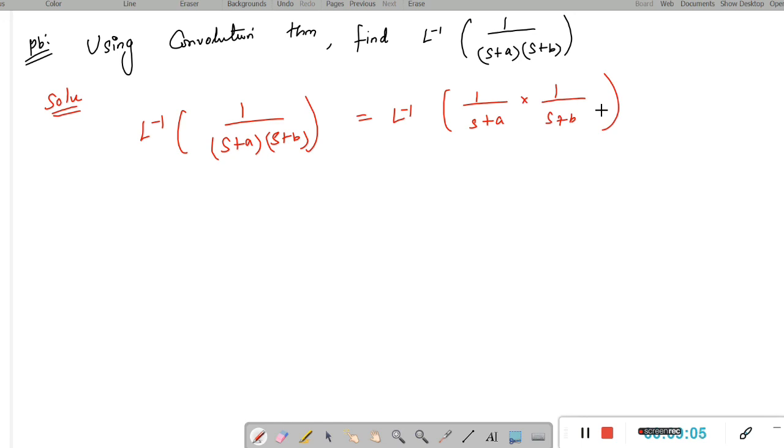If you want to separate product of two functions, better try to split while using the inverse formula. Like that you have to split these two functions. So then only you can apply the convolution theorem. So the formula point of view, try to split the product of two functions.